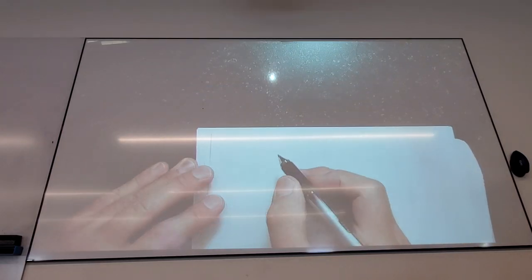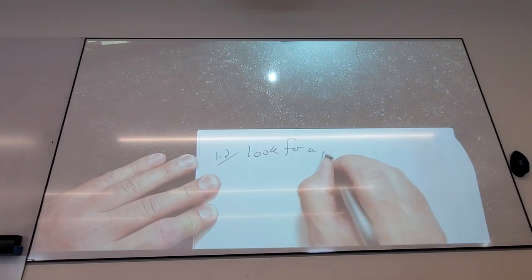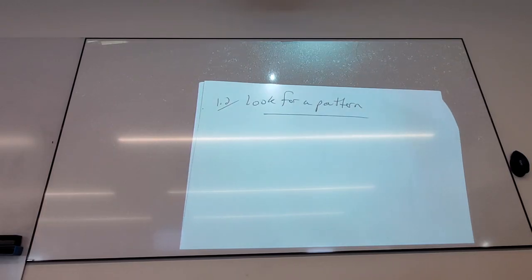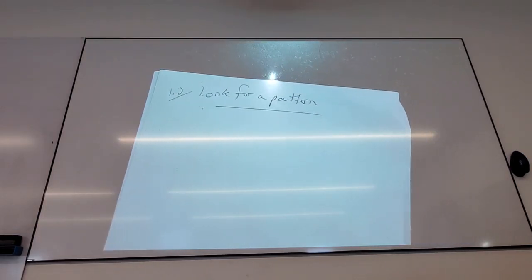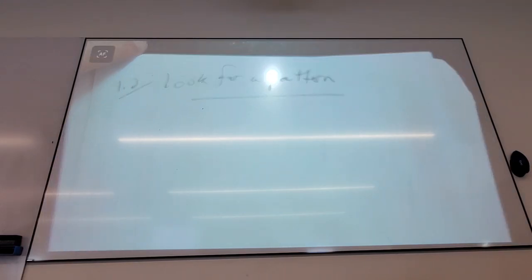We actually started with section 1.2, so we did solve a simpler problem, make a list. Last time we said look for a pattern. We kind of focused in class on sequences, but if you do the homework, there's some visual stuff too, so I want you to try those out.